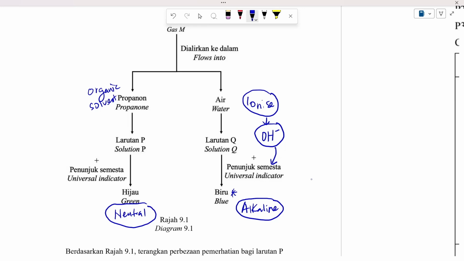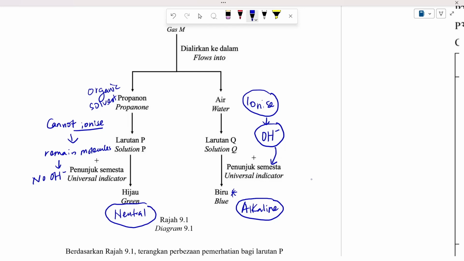In organic solvent it cannot ionize, so it remains in molecule form, or no hydroxide ions are produced. So it cannot show the alkaline properties.